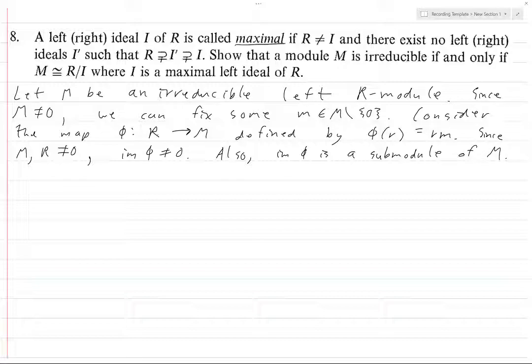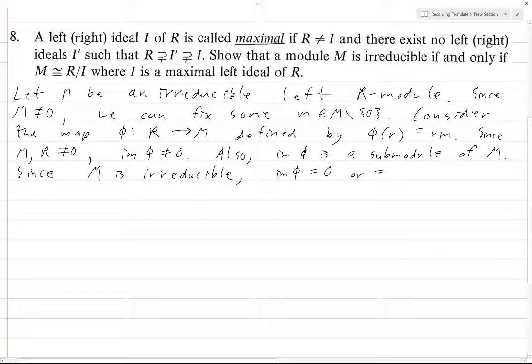R is a module, and so R is a submodule of R, and its image is a submodule of M. So this is a submodule of M. Since M is irreducible, the image of phi is either equal to 0 or equal to M.